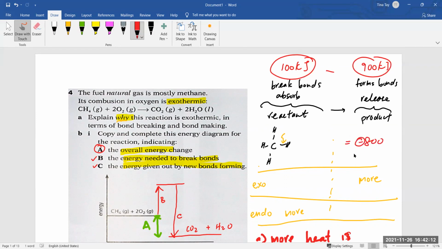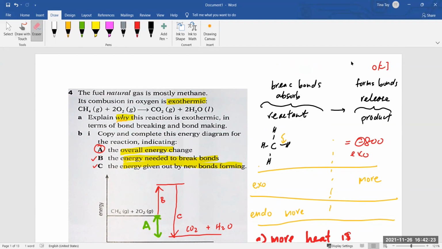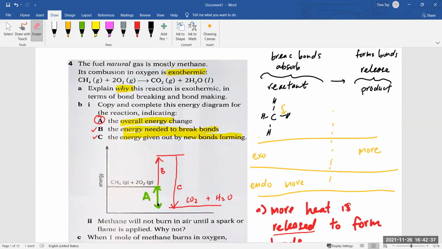Once we see it's negative 800, that means it's exo, right? That's how we know it's exo. That means this one is more than this, okay? So how do we put it in the energy level diagram? It absorbed 100, but it released 900. So the difference is 800. This is the overall energy change over here. Can?